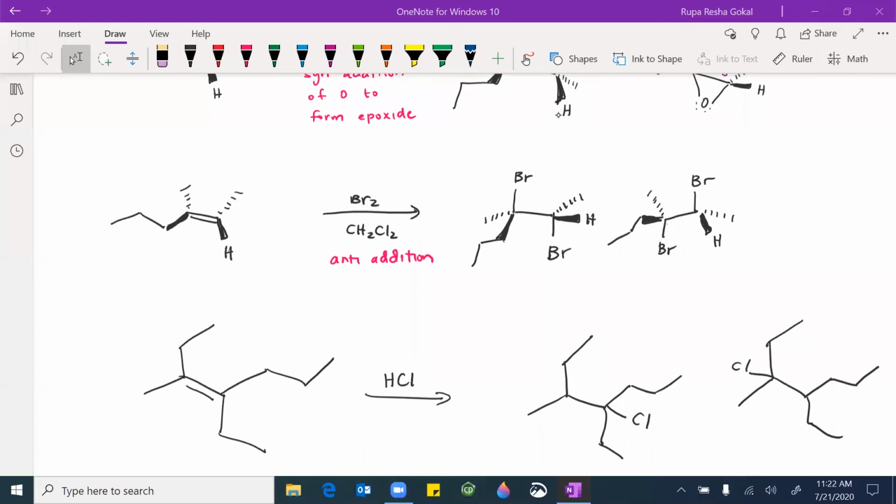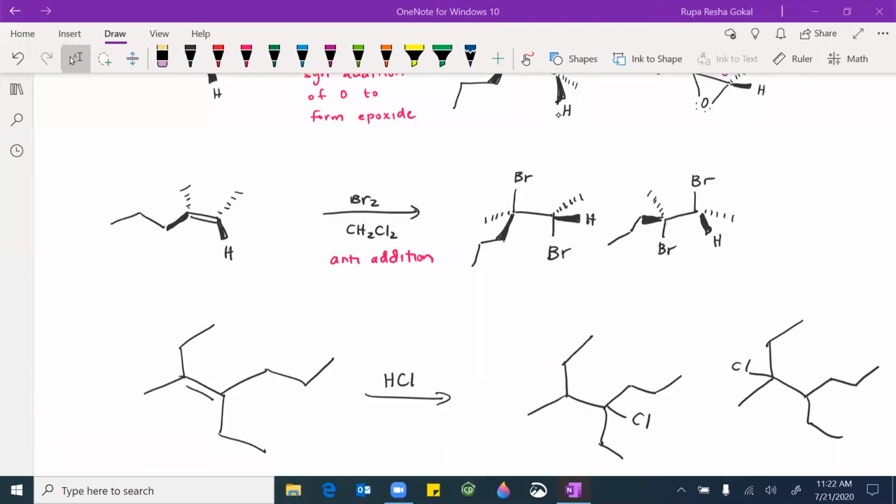Hi, Dr. Gokul. I'm not sure if you just answered this, but for the reaction you just did with the HCl, why is there no stereochemistry on the chlorine? I make the RR, I make the SS, I make the RS, and the SR. So by not showing a specific set of wedges and dashes, I'm showing all 4.